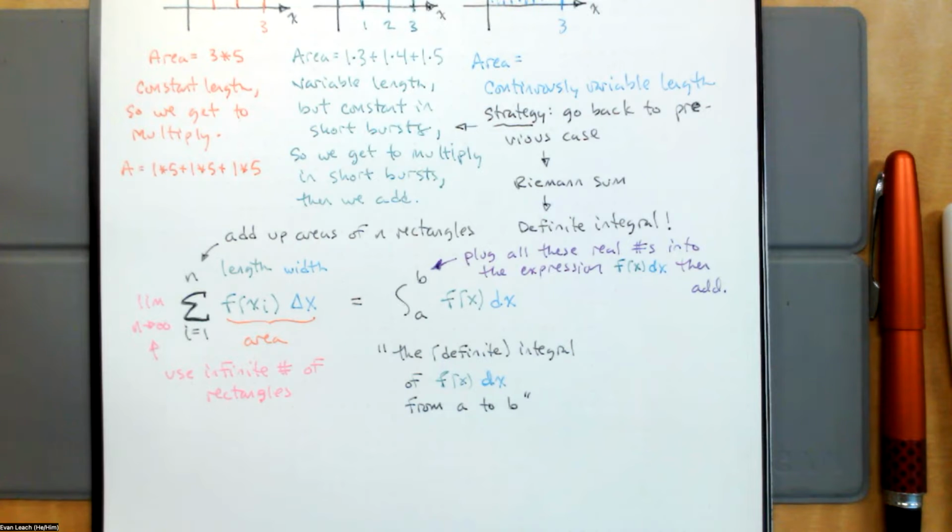So the definite integral from a to b of f of x dx, or the definite integral of f of x dx from a to b. You're probably going to default to saying from a to b first, because it's the thing that you write. So you write the integral from a to b of f of x dx. That's just the order that we write it.